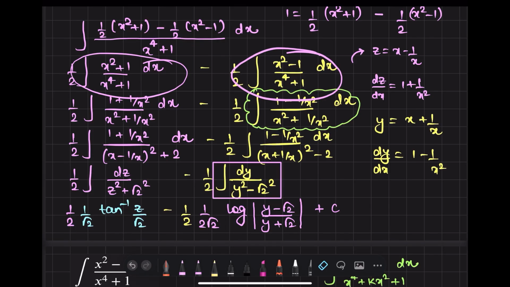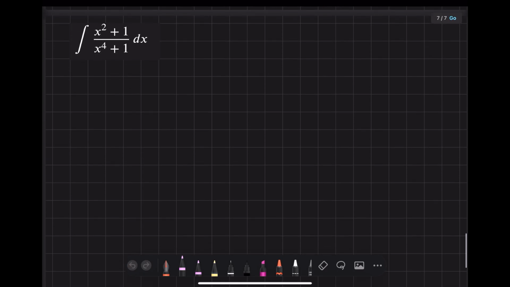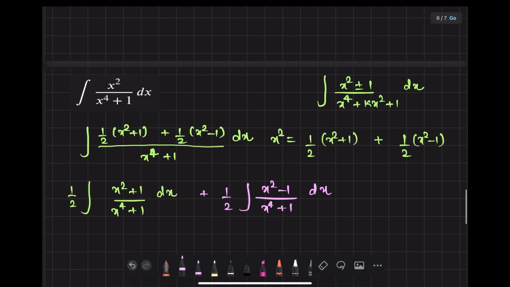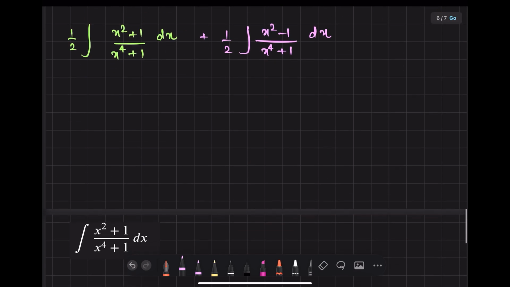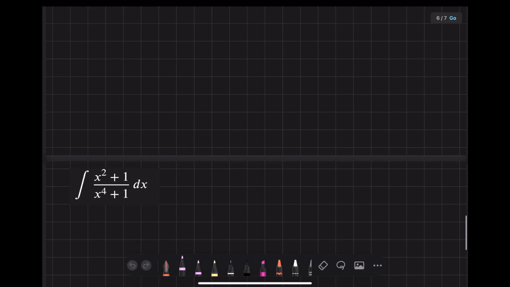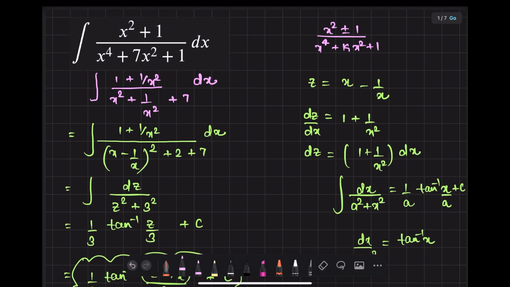Okay, I hope things are going in a good way. This component, x square plus 1 by x power 4 plus 1, you can directly handle using inspiration from this question, correct? These questions are super connected. I hope you got a better understanding of the topic, and from now if you encounter quadratic by quadratic, you can solve accordingly.